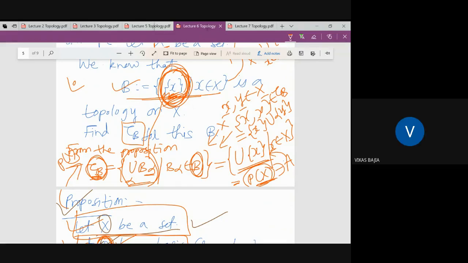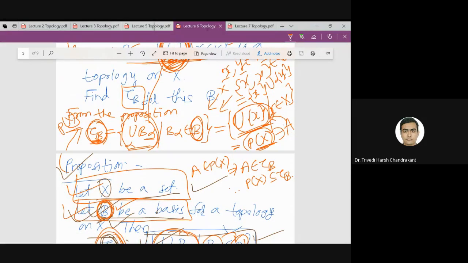Yes, that we can write, right? So that means what we have shown here is that if A belongs to P(X), then A belongs to tau B. So this we have proved. So that means this says the power set of X is a subset of tau B, right?